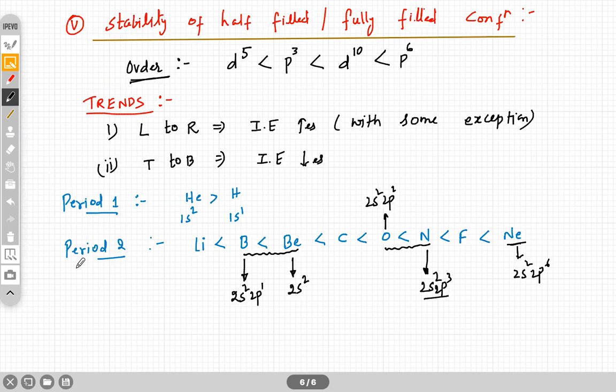Copy this down. 2s2 is more because 2s2 is closer to the nucleus, more ionization energy. 2s2 and 3s2, if you compare, 2s2 is more.